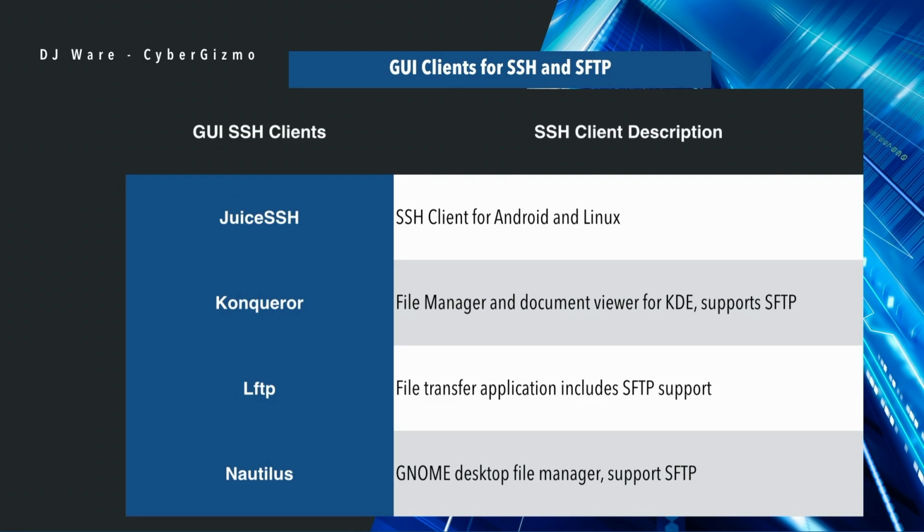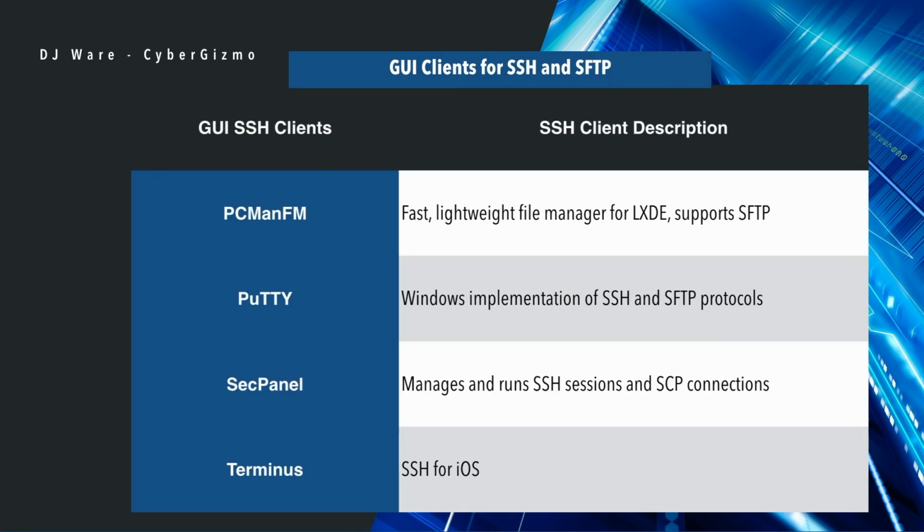LFTP is a file transfer application that includes SFTP support. I know it's on Linux. I don't know what other platforms it might be found on. I don't use it. Nautilus, the GNOME desktop file manager, also supports SFTP. There's also PCManFM, which again is a file manager, this time for LXDE, and it also supports SFTP.